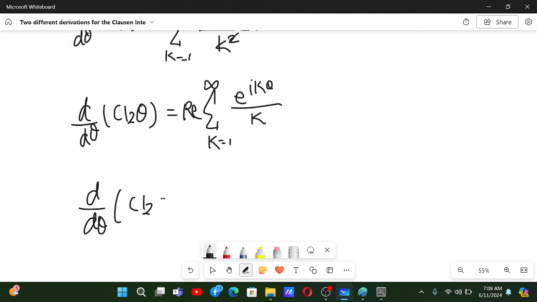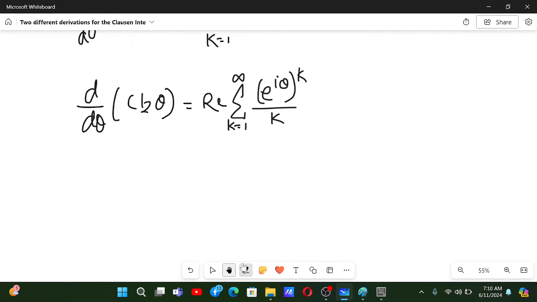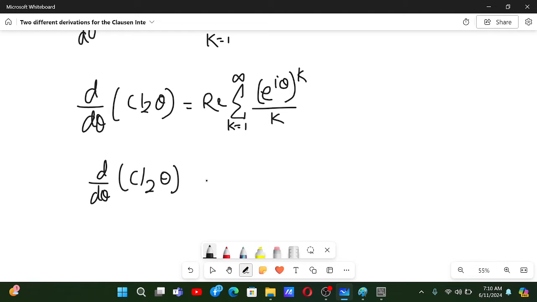The derivative of Cl2 of theta is equal to, now to evaluate this sum, what we can do is first of all write it in exponential form, the real part of the sum of (e to the power i theta) to the power k by k. Now this is just x to the power k by k, where we know that there is a logarithm sum for this Taylor series, and that is minus ln of 1 minus x.